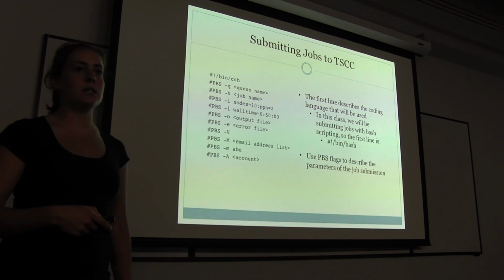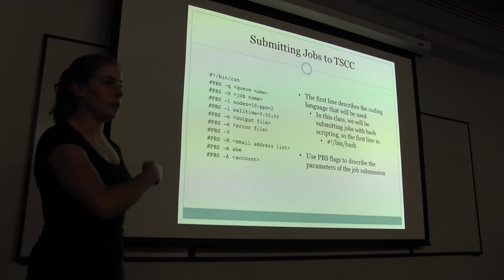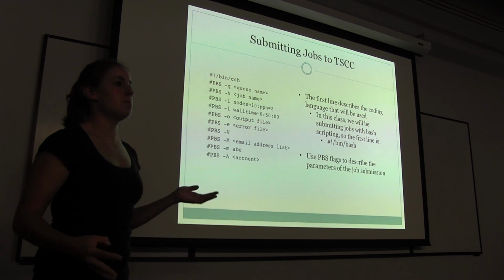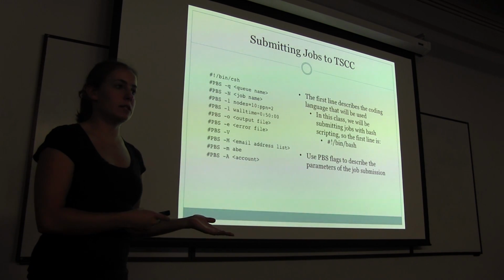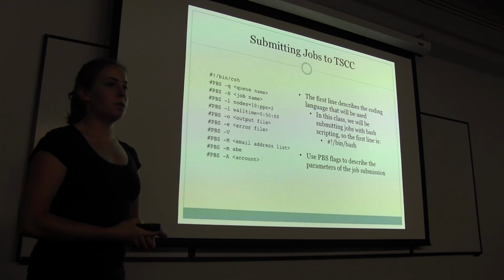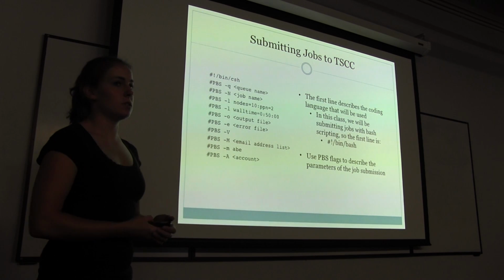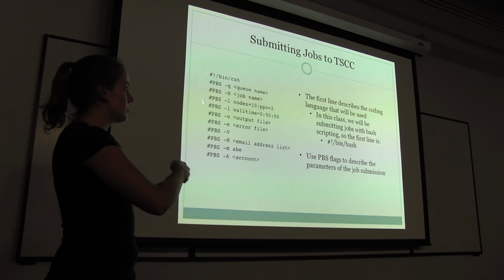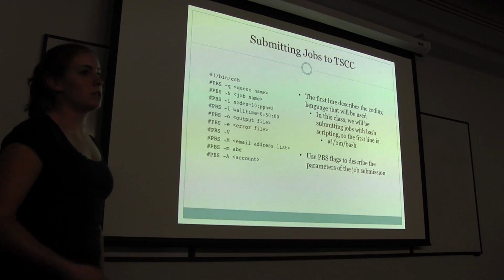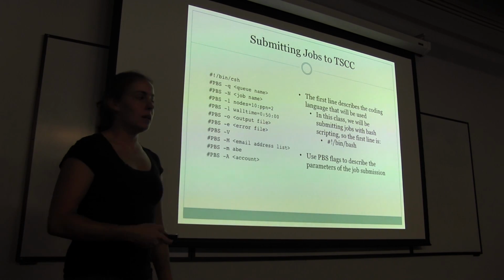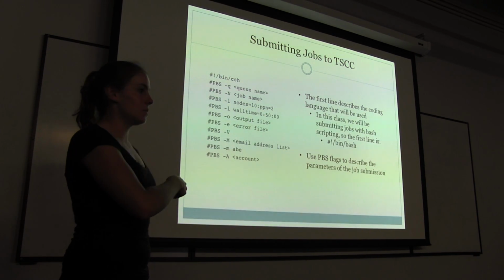So this will be unique to each script that you run. You'll give it a very user-friendly name so that when it runs, it makes sense to you as to what it was that you were running. So if you were generating a star index, which is the first thing that we're going to do, we're going to give it the job name of generate star index. Again, this is just good computational practice to keep yourself organized, using names that make sense based on what you're doing.